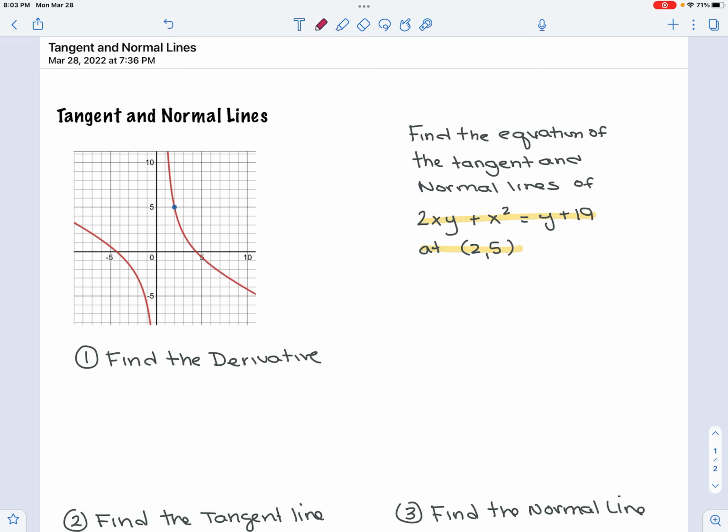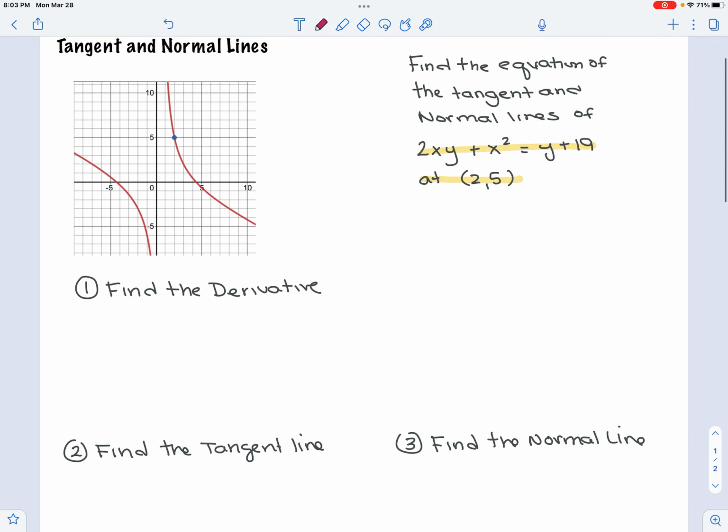Okay, so the first thing you want to do is find the derivative. So we're going to do this implicitly. So we have 2xy plus x squared equals y plus 19. And we're going to treat this as a product. And remember, implied within every y is a function of x, so we're going to use the chain rule.